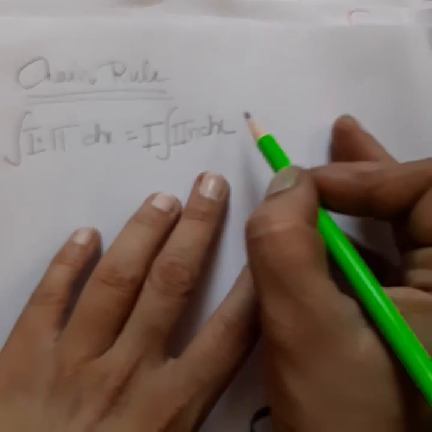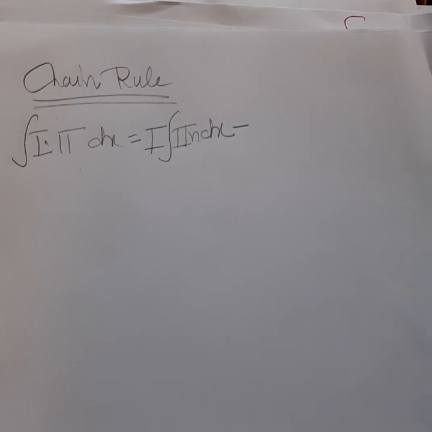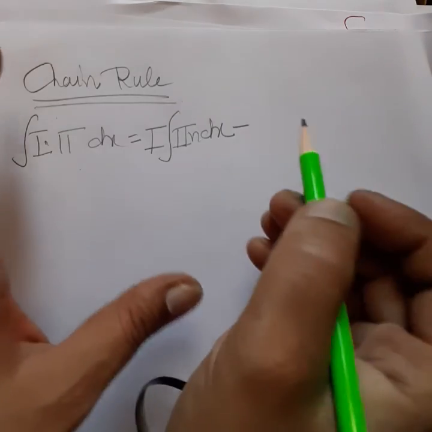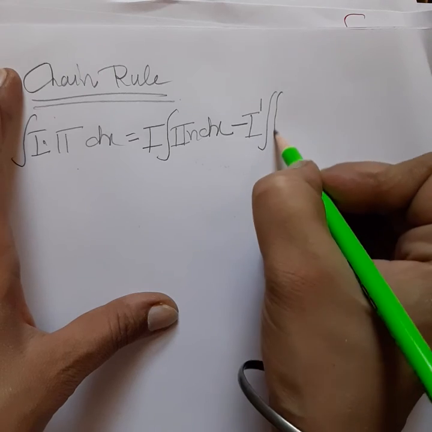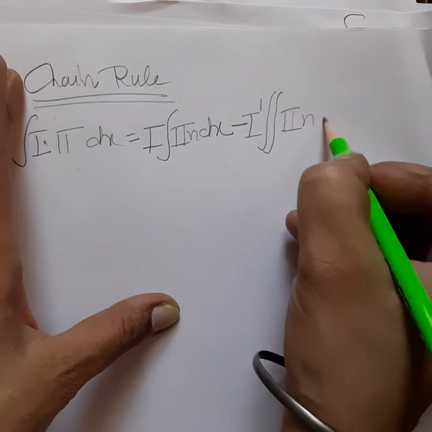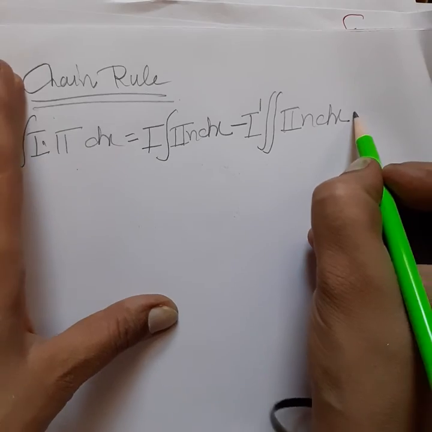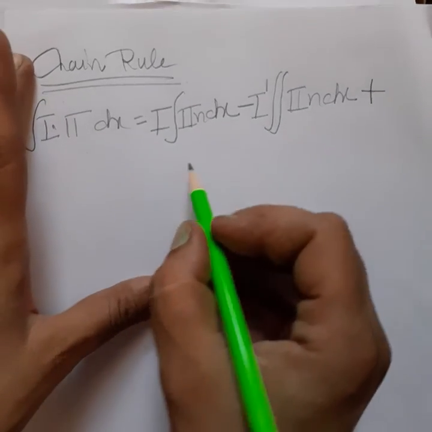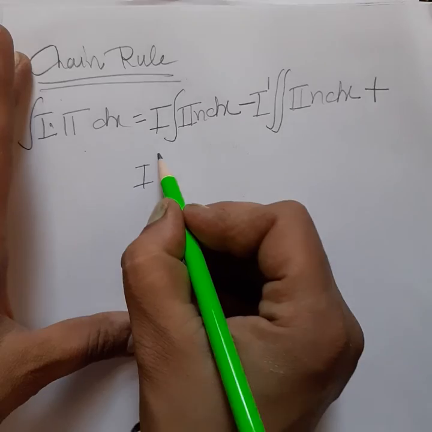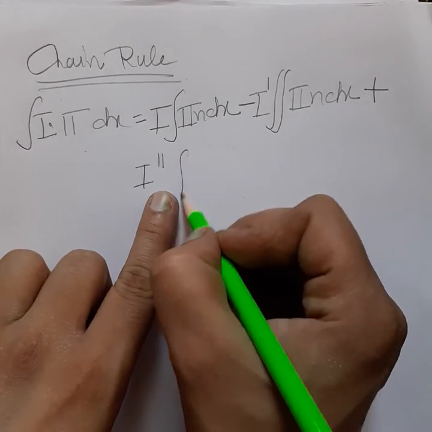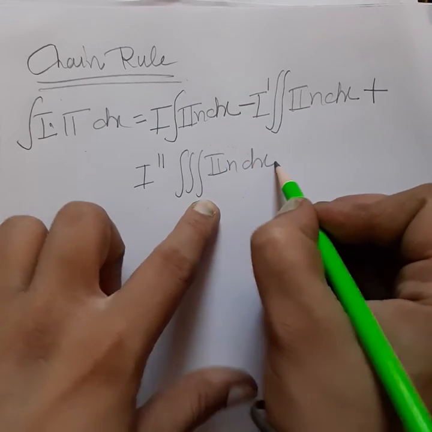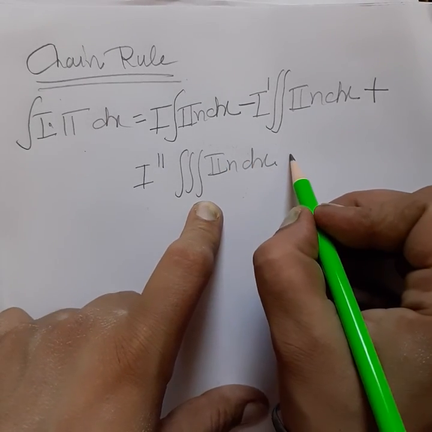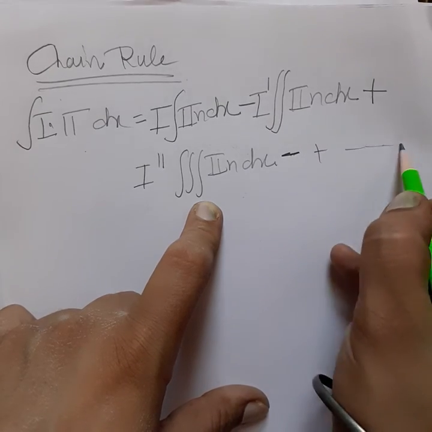Okay, and after that you put here the sign of minus, and after that you write the derivative of the first function and the double integration of the second function, and then you write the sign of plus, and you take the second derivative of this function, and after that you take the third integration of the second function, and again the sign of minus, and so on.